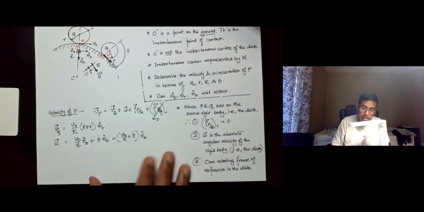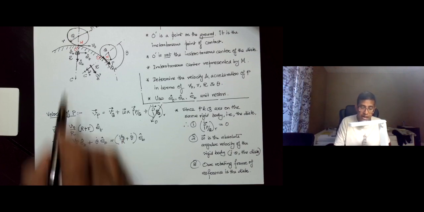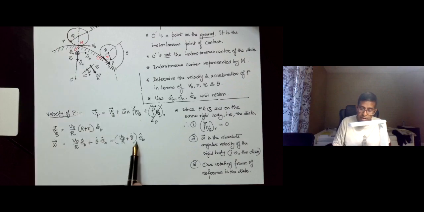Now note that if this was a flat surface instead of a curved surface, then the radius of curvature of that path would have been infinity. And if this was infinity, then this term would become equal to 0, and then the angular velocity of the disk would be equal to theta dot.